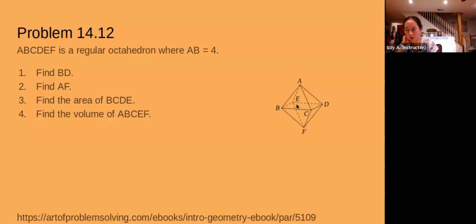There's going to be 2 of those triangles. In a regular polygon, sides have the same length. So BC is going to be equal to AB, and that's going to be 4, and BD is going to be equal to 4 times the square root of 2.